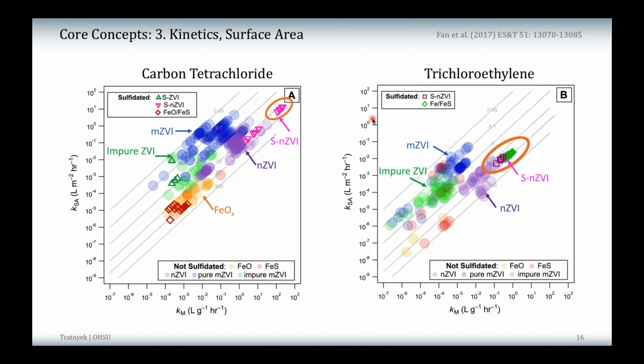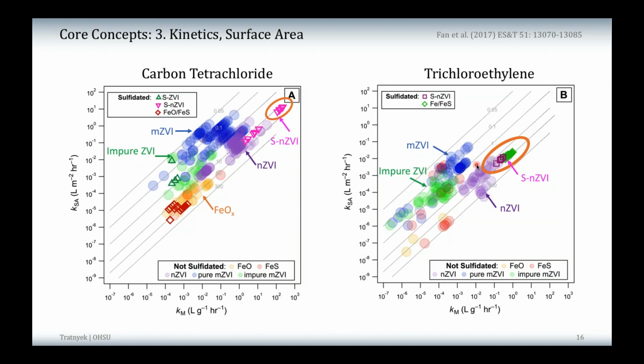So the first thing to notice is that the carbon tet numbers as a whole, just to look at the whole cluster of colored dots, lie further up in the upper right corner than the TCE numbers, which lie a little bit lower towards the lower left. The X and Y scales are the same. So what that tells you is that as a general rule, carbon tet reacts faster, is reduced more easily than TCE.